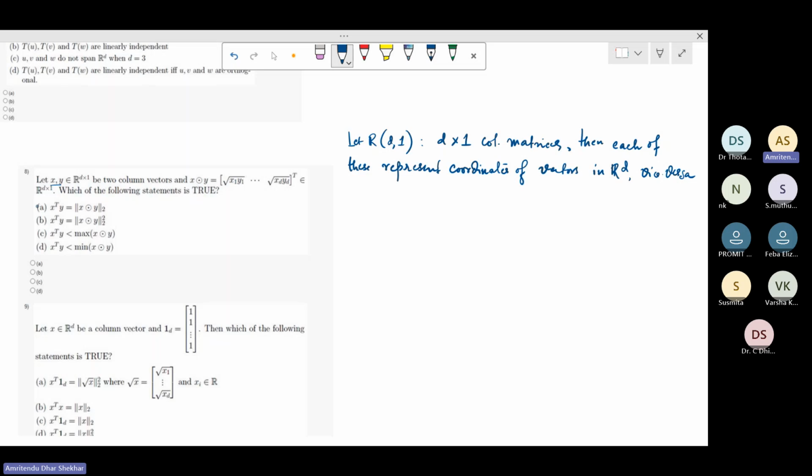So there are two questions. Which of them is actually true? You have to actually solve all of these.